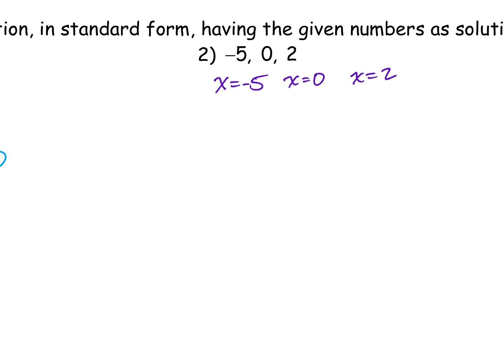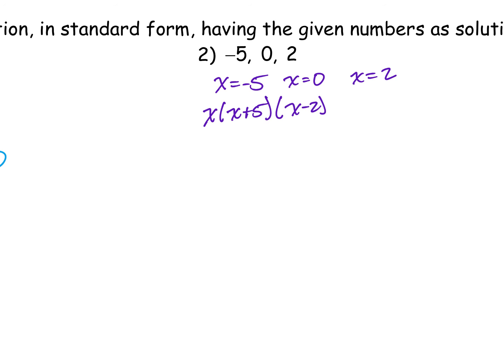Well, I know that this one is going to be x plus 5, and this last one is going to be x minus 2 because I'm subtracting 2 and I'm adding 5, right? But what's this one going to be? Well, it's just going to be x. There's no term with it. It's just x equals 0, so it's just going to be an x.